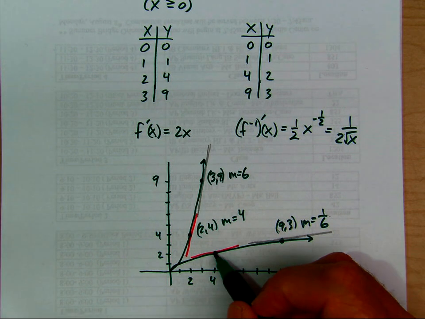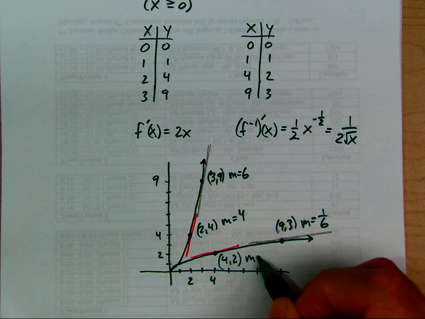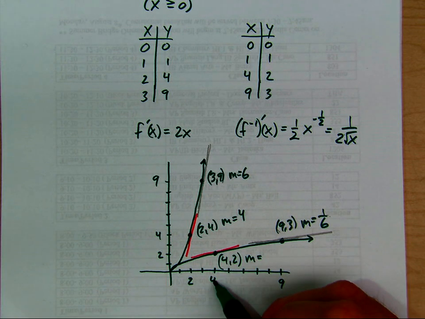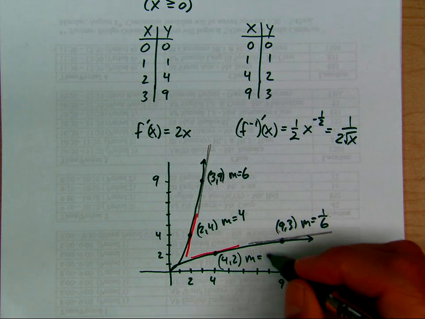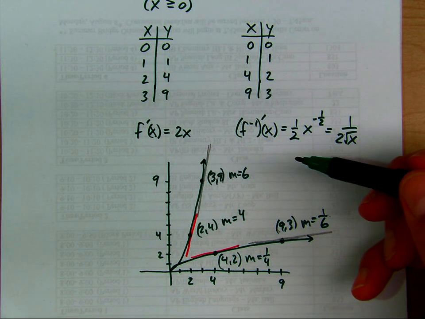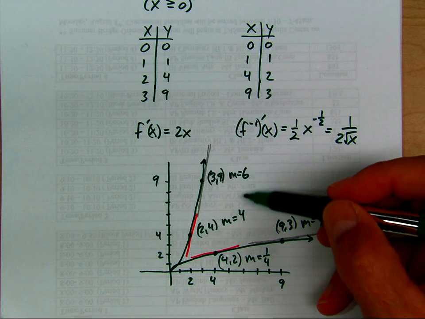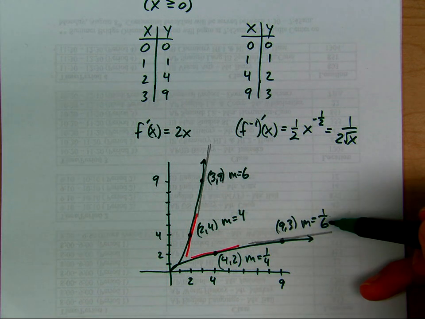Its point of tangency is (4, 2). And it has a slope of, put the 4 in here, and that'll give us 1 over 2 times 2, or 1/4. So we see that if we know the slope of a function, then the reciprocal of that is going to be the slope of the inverse function.